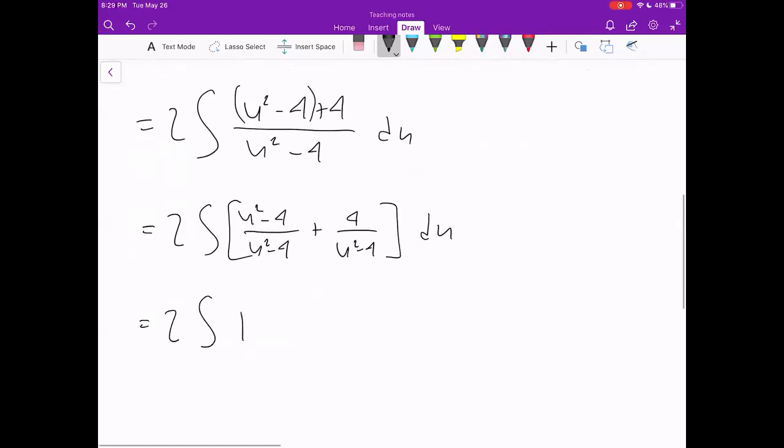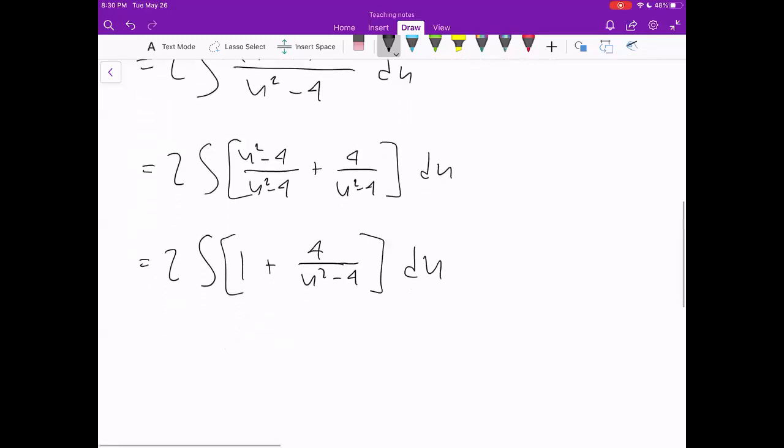That first term is just 1, plus 4 divided by u squared minus 4. You'll get the same thing if you do the polynomial long division. I just think this is a little easier. If you can catch things like that, it makes life a lot easier.